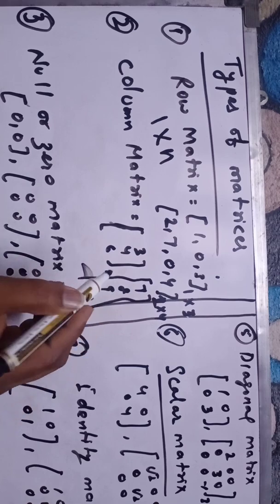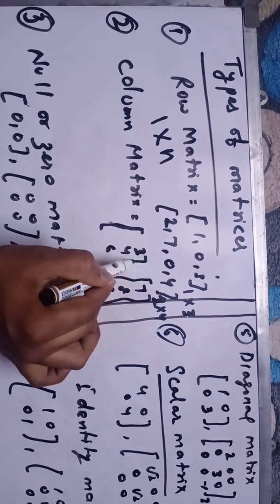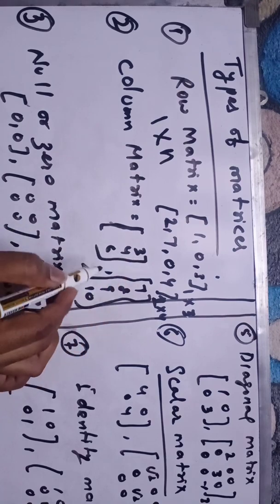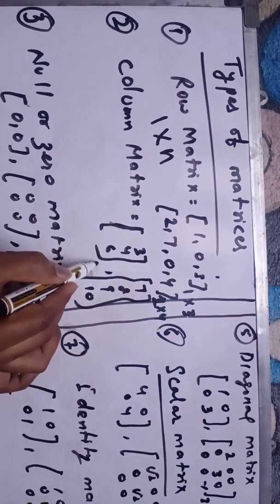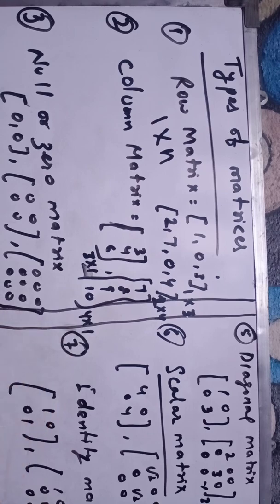So the possible order of this column matrix would be, here the row can be changed. So it would be 3 by 1 and it would be 4 by 1.